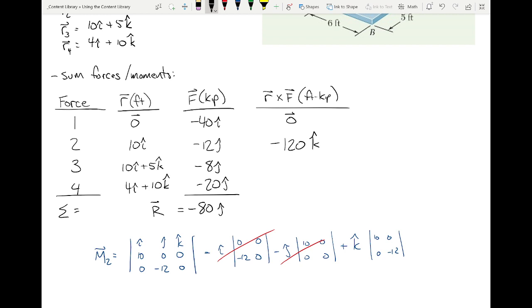But this one isn't, right? Because the R vector has i components and k components, and then the force vector has j components. So because this problem truly is in the 3rd dimension, you kind of need to chug out the determinant. That's a great question. So yeah, on row 2, yes. Row 3 and row 4, no, I don't think that's going to work. That's a great question. Any other questions?